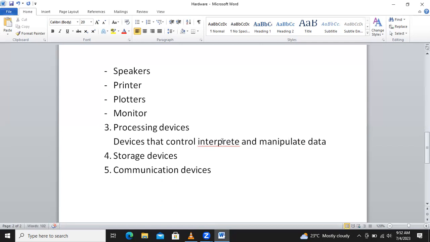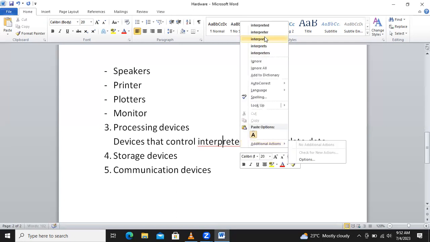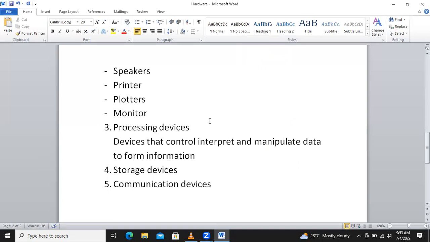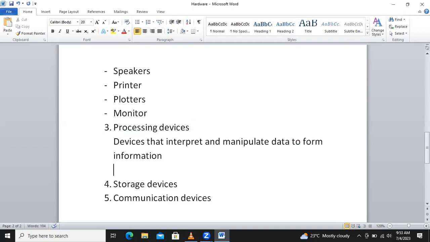So those devices that interpret and manipulate data to form information are the ones we call the processing devices.